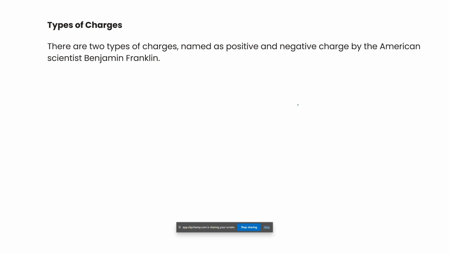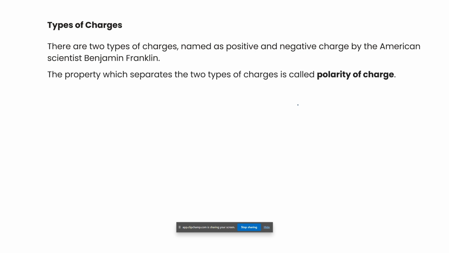So they were convinced that same charges repel, and opposite kinds of charges attract each other. Based on this, they mentioned positive and negative, these two names.